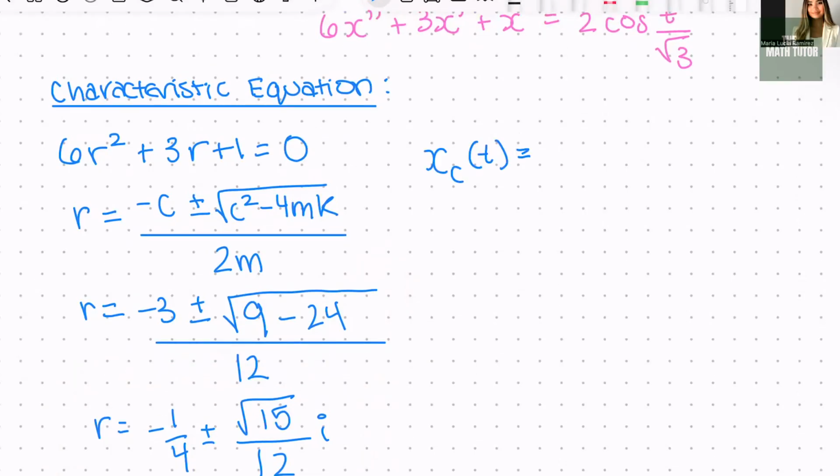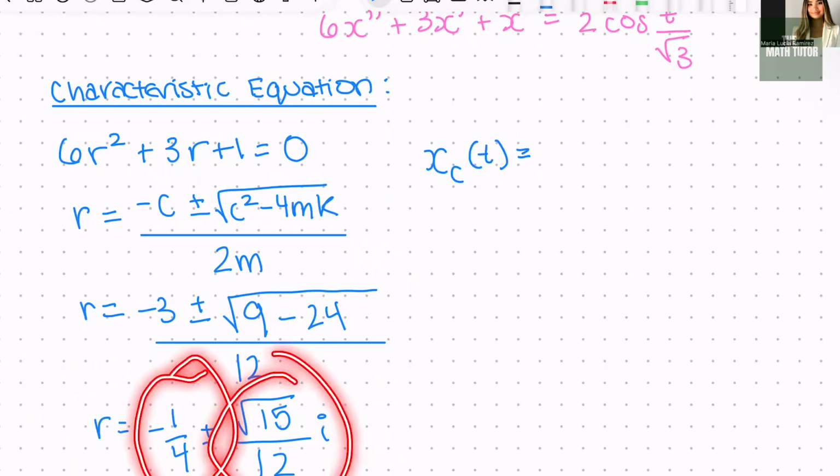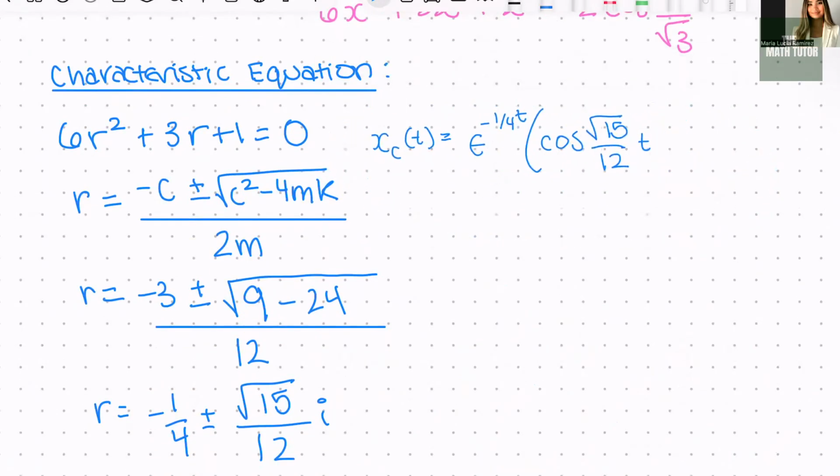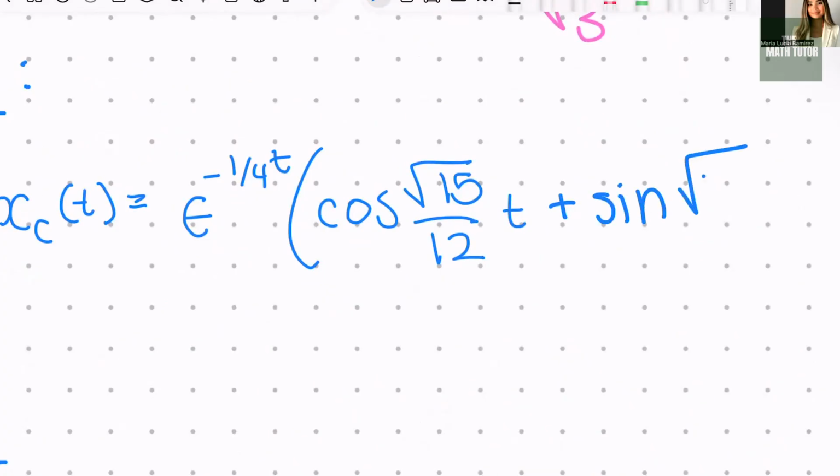Okay, so now I'm going to move on to the complementary solution using the roots that we found. It's going to be e to the whatever we found right here, so e to the negative 1/4 t, and then we're going to multiply that by cosine root 15 over 12 t plus sine root 15 over 12 t.